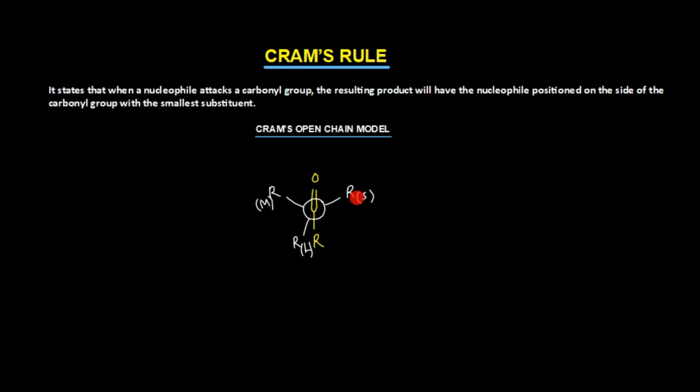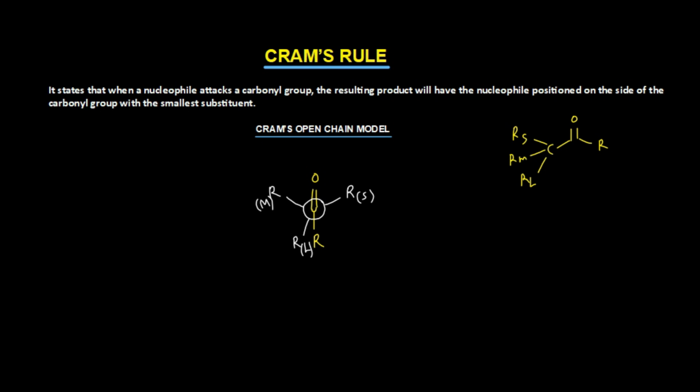So this is methyl, this is ethyl, this is propyl. That means the rear carbon is the asymmetric carbon. To make you understand a little more clearly, I can draw this structure again. Say this is your carbon double bond oxygen, this is your R, and here another carbon is there, and then you have three groups, RS, RM, RL.